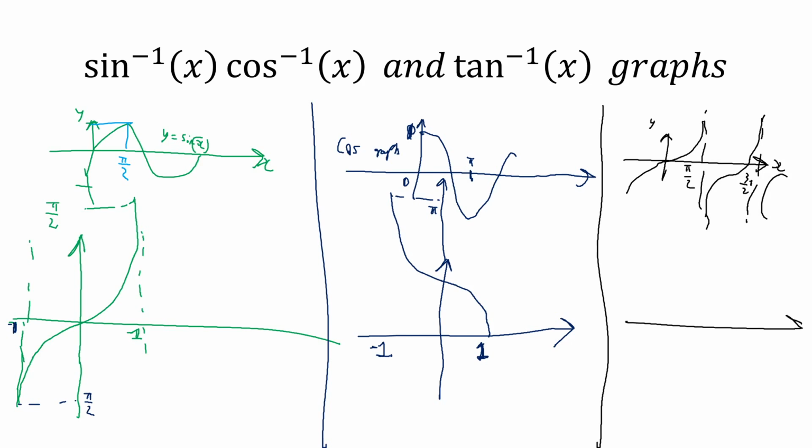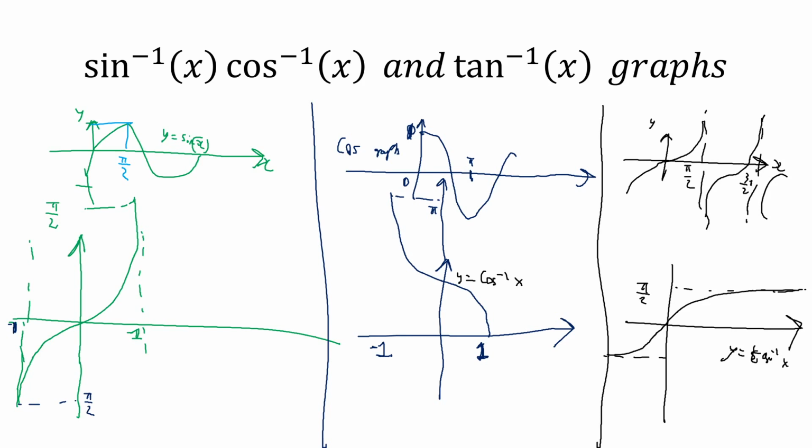So a tan graph, inverse, sorry, this is inverse cos x. This will be y equals inverse tan x. Right? It's going to look something like this, whereby it's asymptotal to pi over 2.